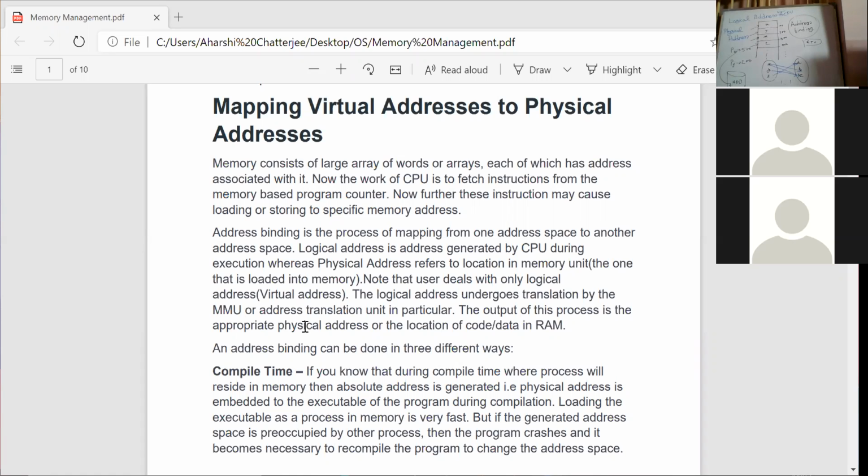So you can think of it like that for simplicity. Logical address is the address generated by CPU. Physical address is the address in the RAM. Suppose a data item X, which is there in hard disk, has to be brought to memory.